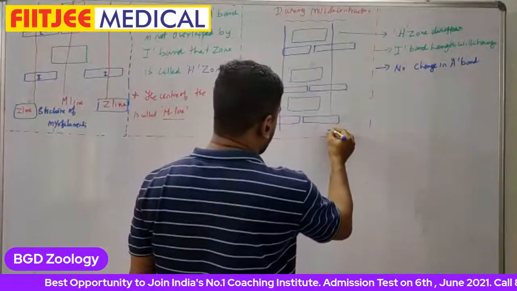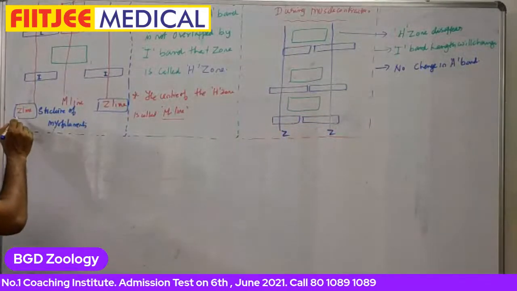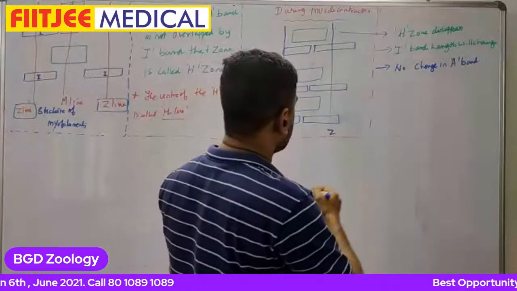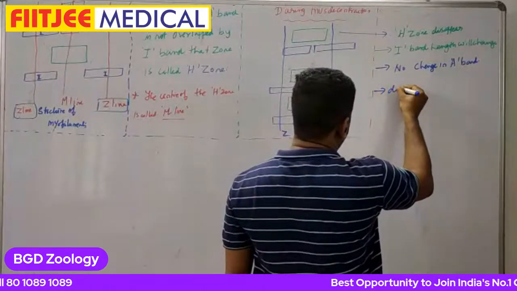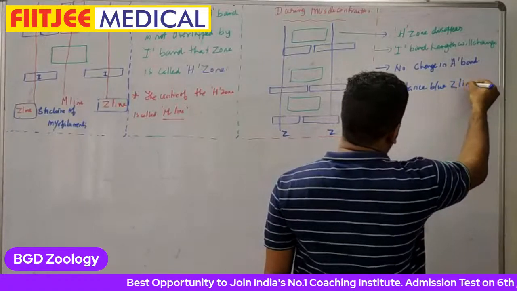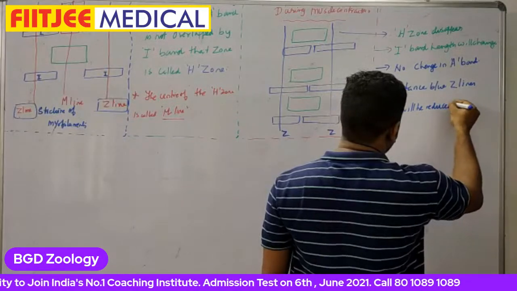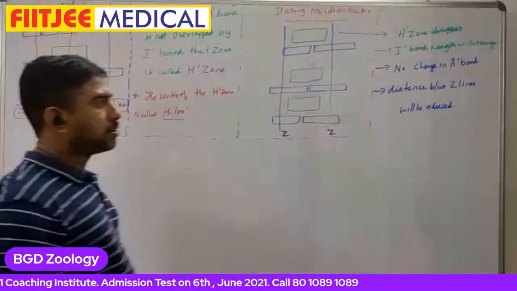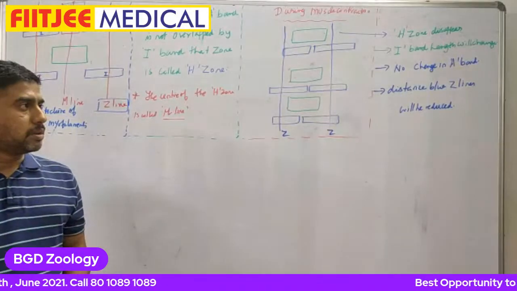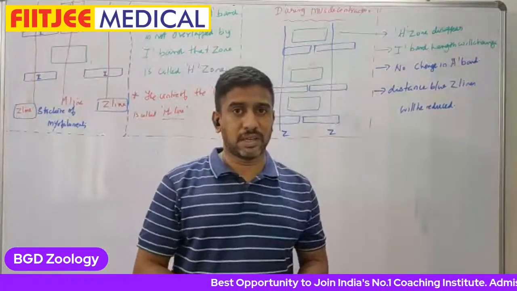And one more very important point you consider, we can clearly understand this from the diagrams itself. The distance between the Z lines became less. So during muscle contraction, the distance between Z lines will be reduced. So we can make sense like this.